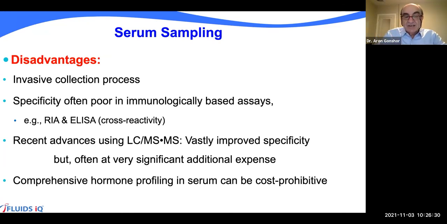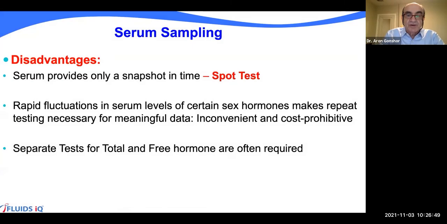And that has really come to the fore now that we know that you can use various types of GC and mass spectrometry, which gives you a vastly improved specificity. But of course, as I said, with significant additional expense. So it can be very cost prohibitive.